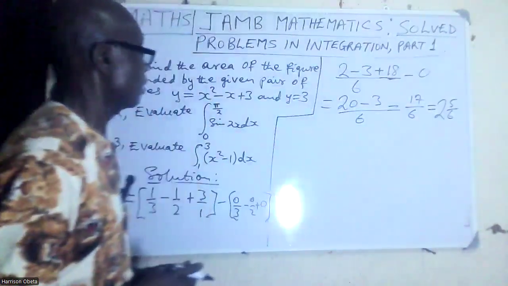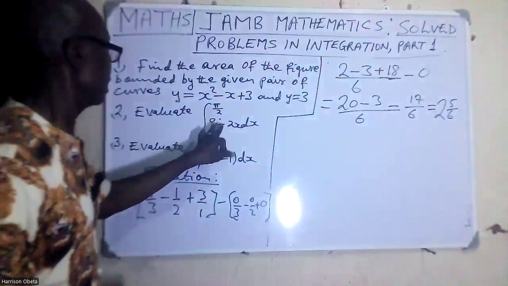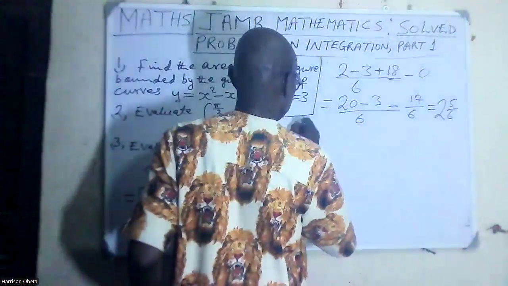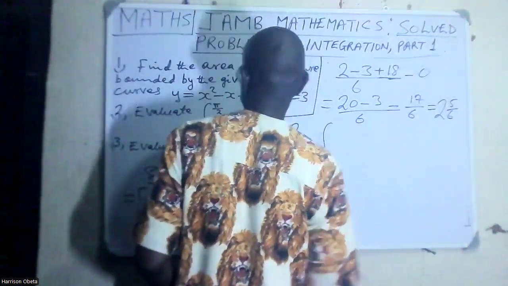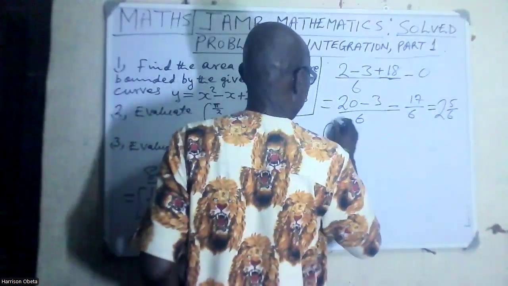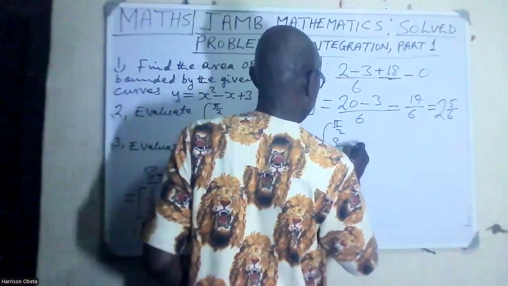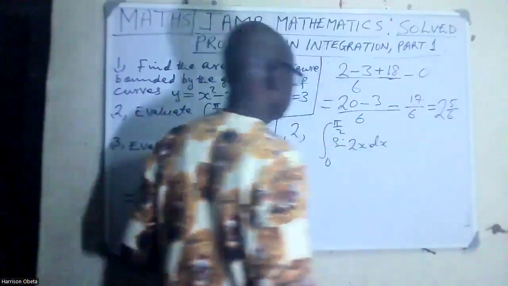Then we go over to number 2. And number 2, we have to evaluate this. So number 2, we have an integral from 0 to pi over 2 of sine 2x dx.